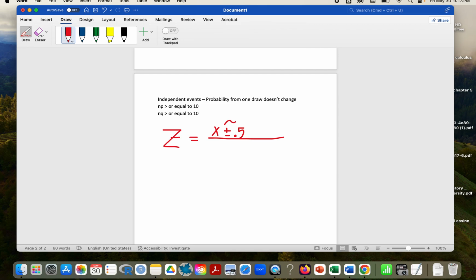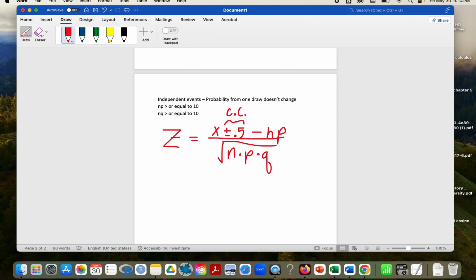This little piece here is referred to as the correction for continuity, abbreviated CC. Correction for continuity, and that I'll need to explain. Minus the mean, which when we're dealing with a binomial probability, the mean is going to be np. And then divided by the standard deviation, that is the square root of n times p times q.